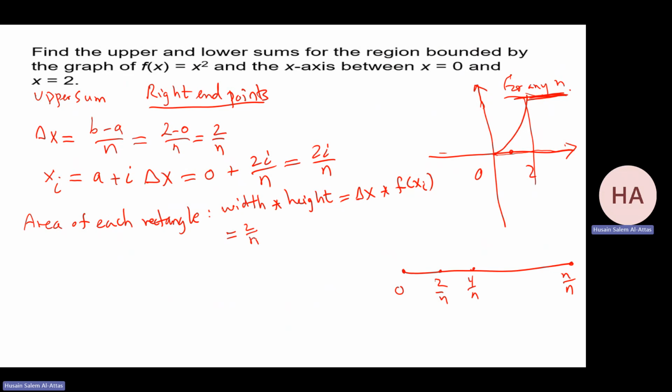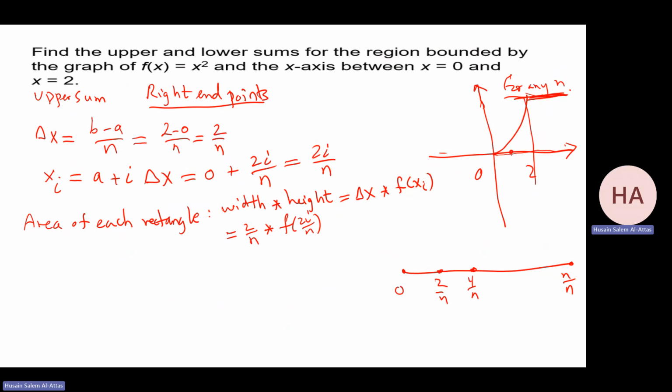So that gives me 2 over n times f of xi, which is f of 2i over n, which is f of these points, the right endpoints.